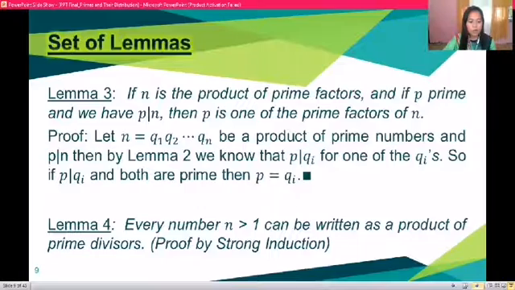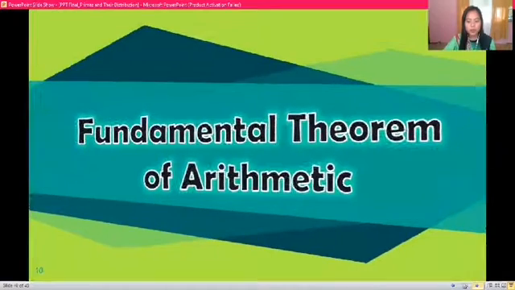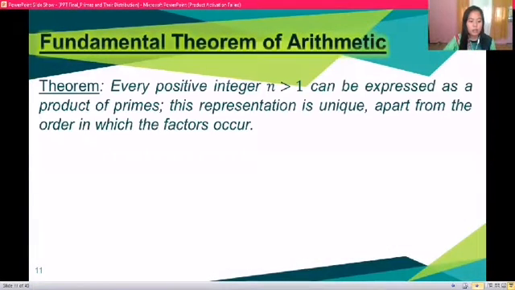Okay, now, after looking at some of the simpler properties of prime numbers, we are ready to learn the most important theorem about prime factorization, the fundamental theorem of arithmetic. The fundamental theorem of arithmetic states that every positive integer n greater than 1 can be expressed as a product of primes.